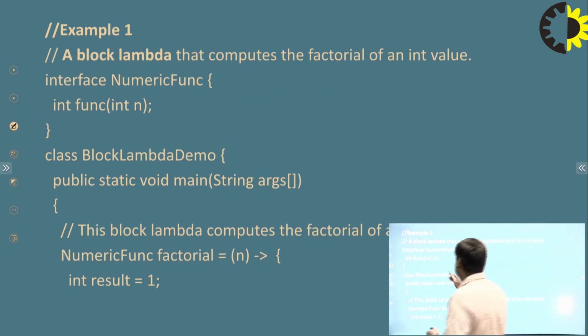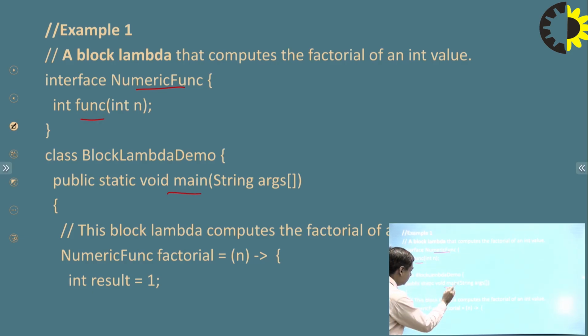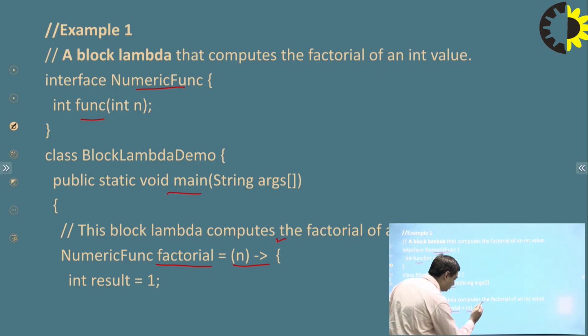So, we have a functional interface with one function, we have a main method, and this is the functional interface reference variable, and we are using the lambda expression. Now, the left side is one parameter, the right side is curly brackets.